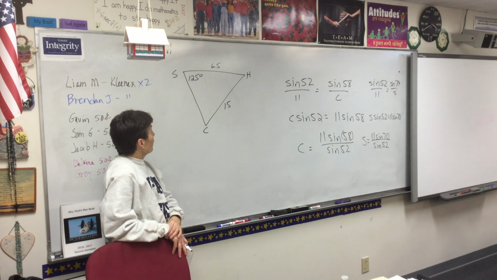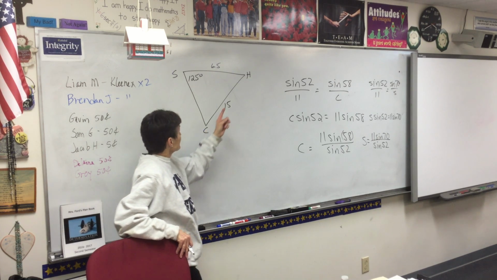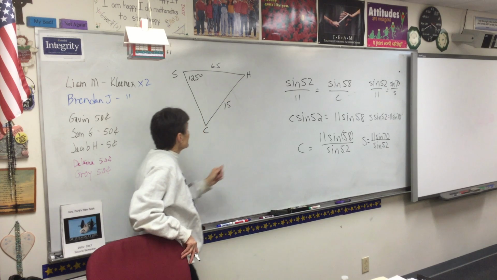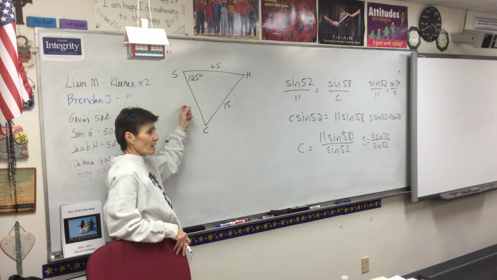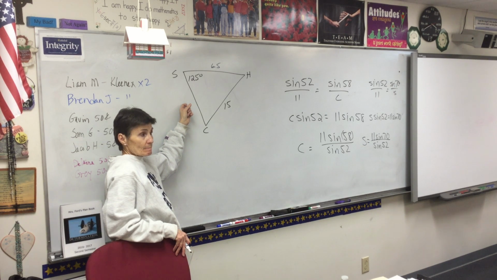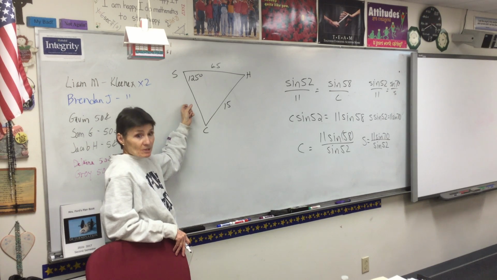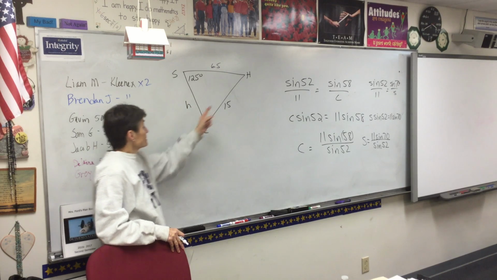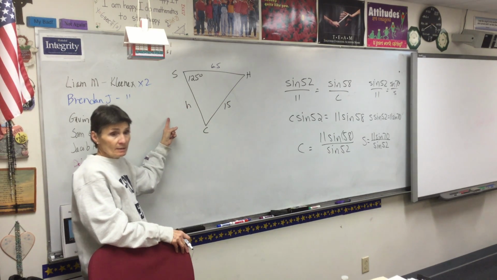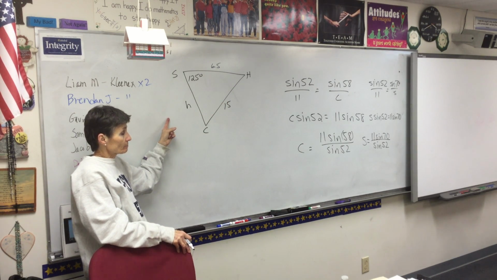So this time what we're missing is angle C, angle H, and this side over here. What do I call this side? Side H. Very good. Why is that little h? Because it's across from angle H.